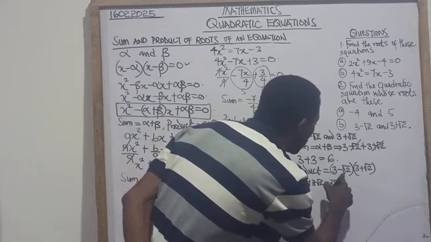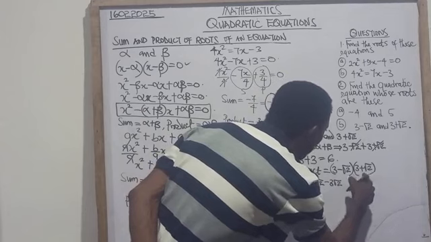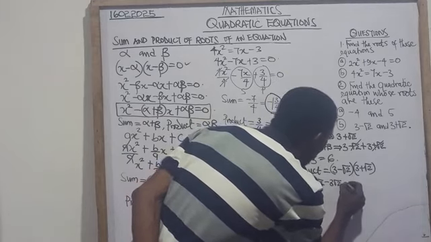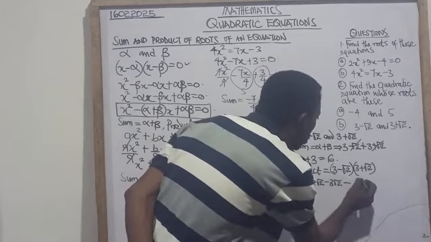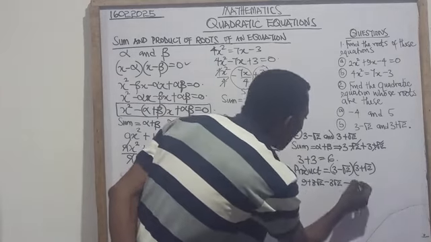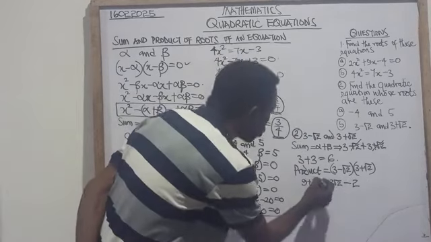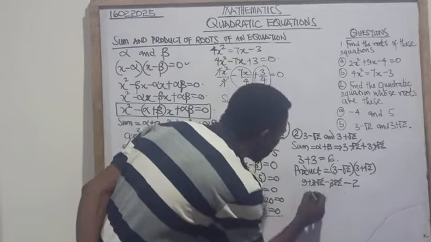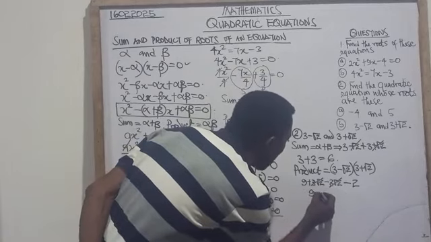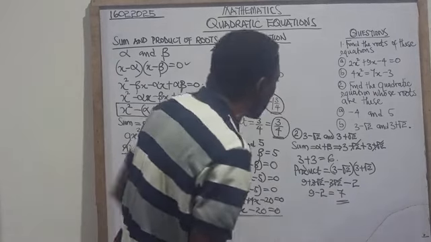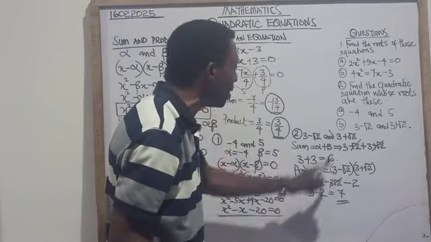Then minus root 2 times plus root 2, we have plus times minus will give us minus, that will be root 4 altogether, and root 4 will give us 2. Now this one we cancel. So what we have is 9 minus 2, that will give us 7. So 7 is the product, while 6 is the sum.